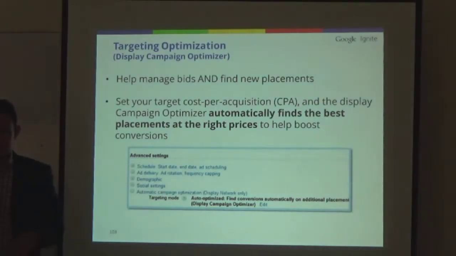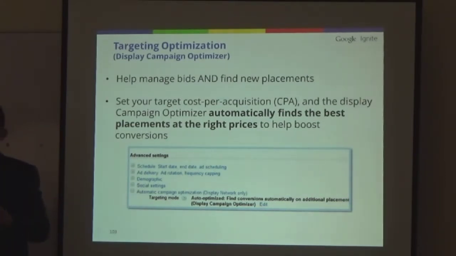In this targeting optimizer, a lot of times people confuse targeting optimizer and campaign optimizer. Sorry, the conversion optimizer. Yeah, they get confused. So let me just emphasize or clarify this. In the targeting optimization tool, the main difference is that you can set the bids and use the tool to find new placements, something that the conversion optimizer will not be able to do.